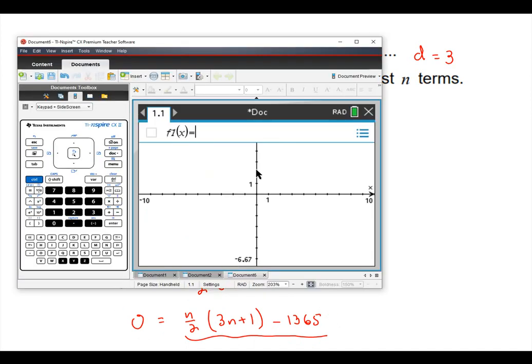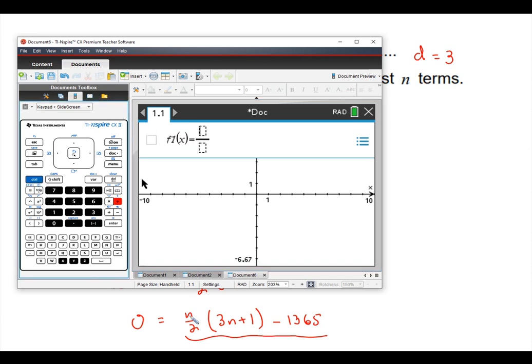All right, so I'm going to graph this on the calculator. So use x instead of n, so we've got x over 2 times, we've got parentheses, 3x plus 1, and then we have minus 1,365.